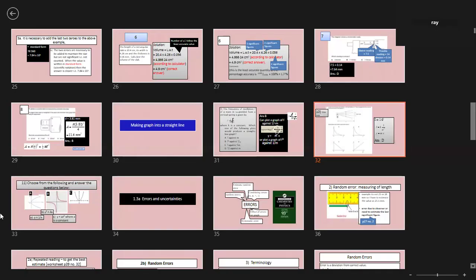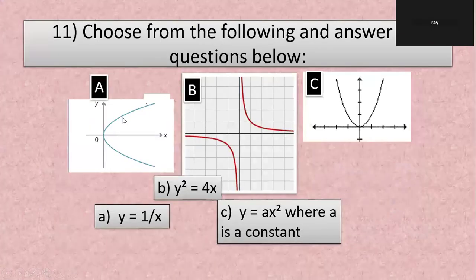Because directly proportional. So you must be able to recognize parabola, rectangular hyperbola. Which one is which? A is what? Which equation? You got three equations to choose from to place in the right graph. B or C?